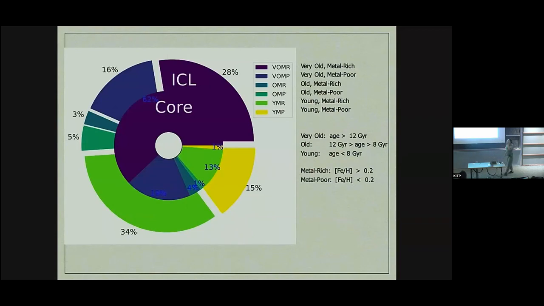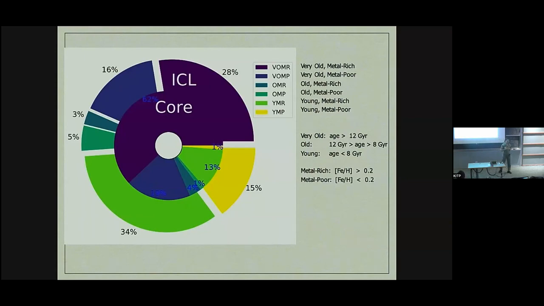We can take the population synthesis, and instead of showing average numbers for the age and metallicity, we can look at the fraction of the different populations that went into the best fit. So when we do that, looking at the core of the BCG, we see very old, very metal-rich, so purple, stellar populations dominating, and very few young populations.